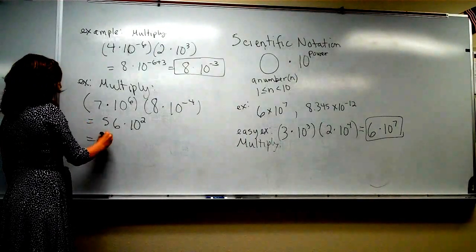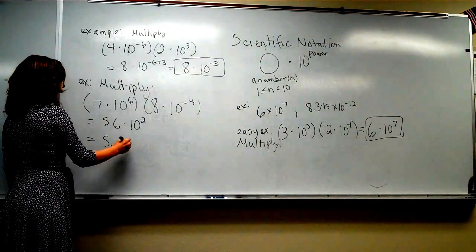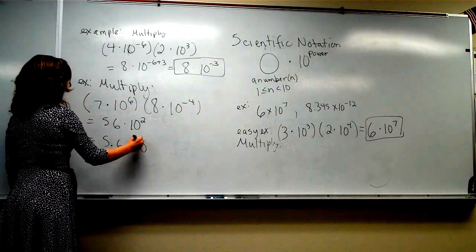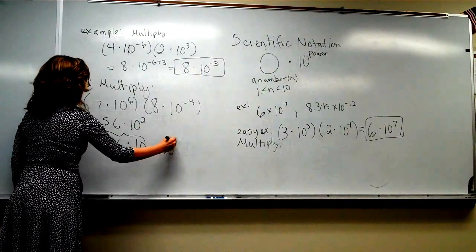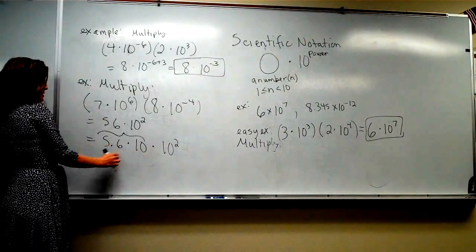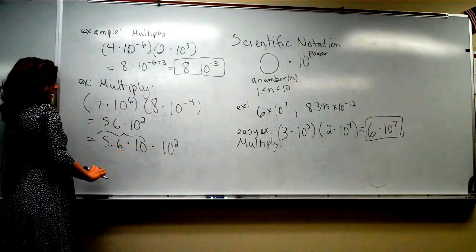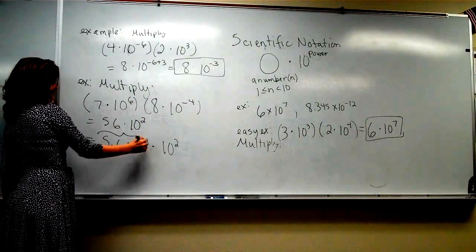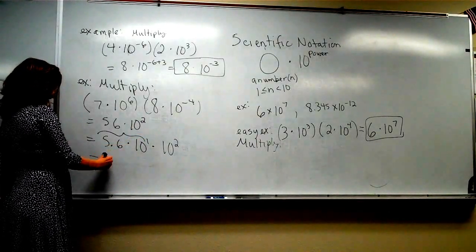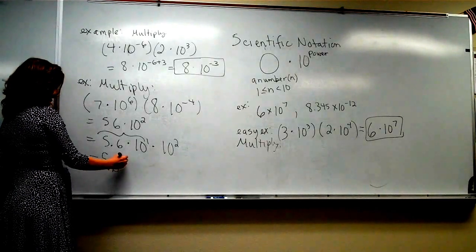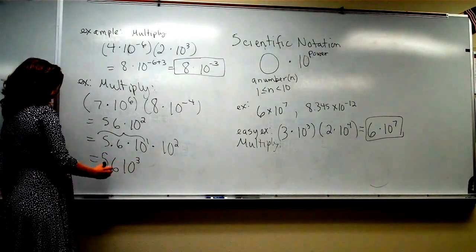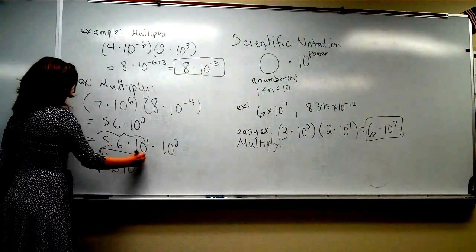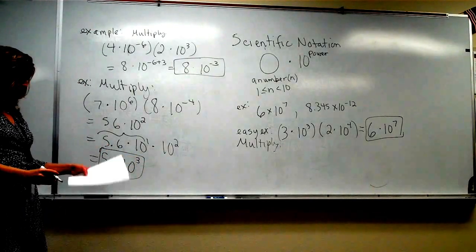So we need to write this as 5.6 times 10. Can you see that that equals 56? 5.6 times 10 is 56, and then we just copied down the 10 squared. 10 by itself is like 10 to the 1, so our answer here is 5.6 times 10 to the 1 plus 2, or times 10 to the 3rd. And this is our answer in scientific notation.